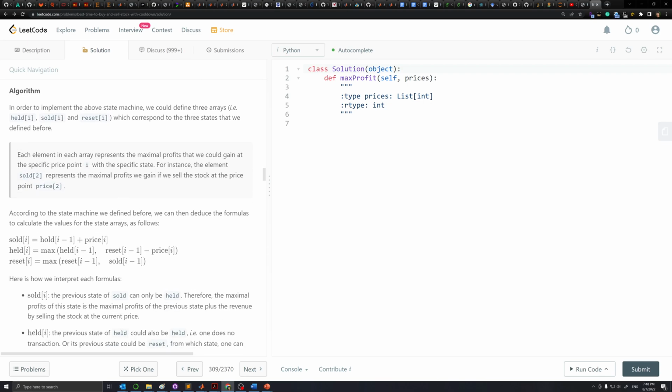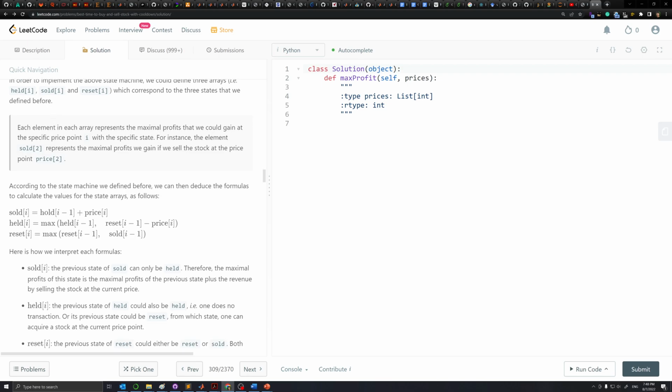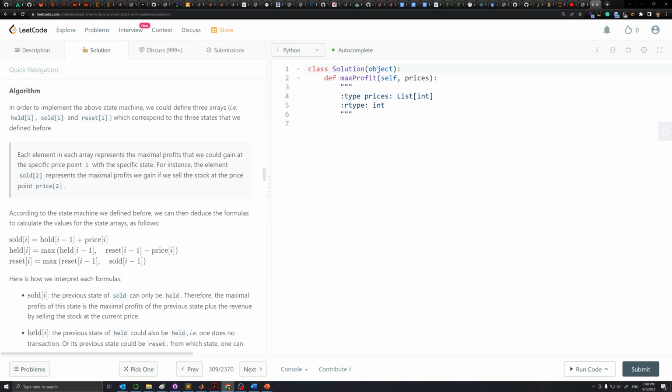Okay. Algorithm. In order to implement the above state machine, we could define three arrays, hold, sold, and reset, which correspond to the three states defined before. Each element in the array represents the maximum profits that we could gain at a specific price point with the specific state. Okay, so you're talking about something like maximum reward to go, right?